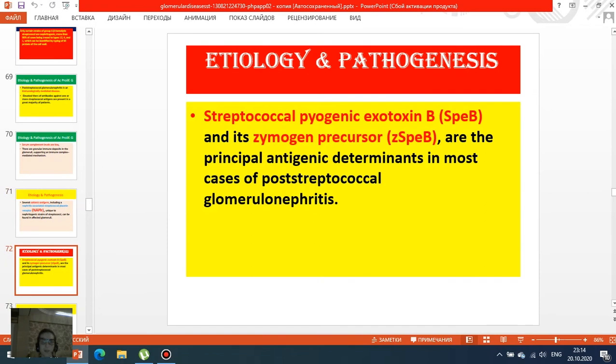Streptococcal pyrogenic exotoxin B and its zymogen precursor are the principal antigenic determinants in most cases of post-streptococcal glomerulonephritis.